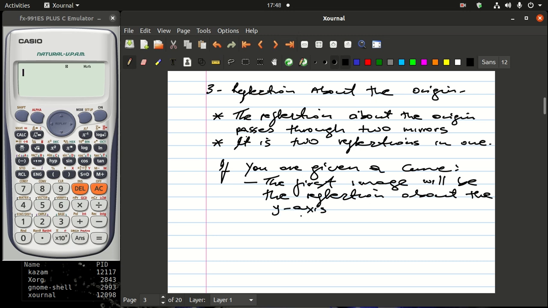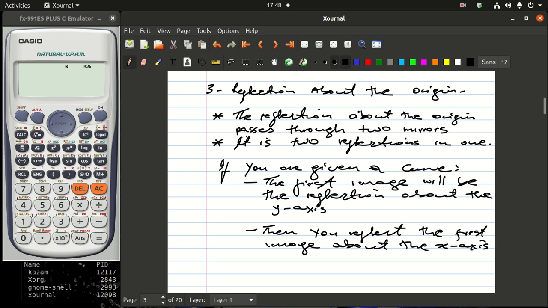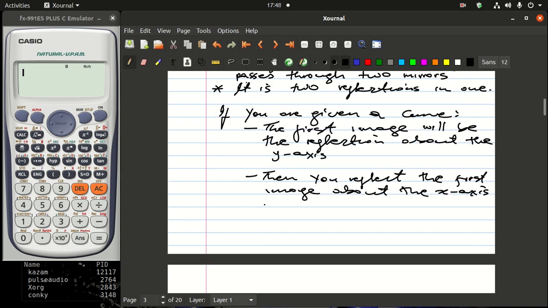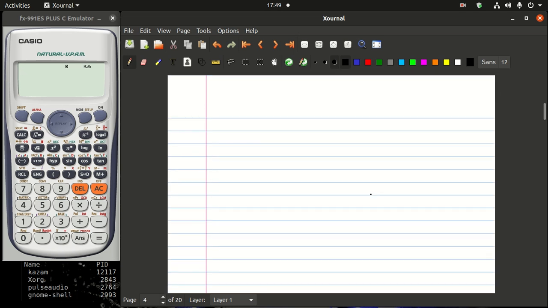So first you reflect about the y-axis, you get an image, and then you reflect the first image about the x-axis to get the second and last image, which is the reflection about the origin.